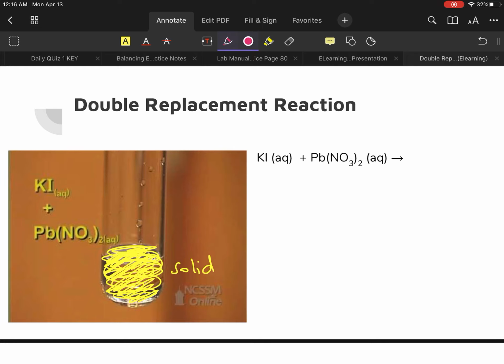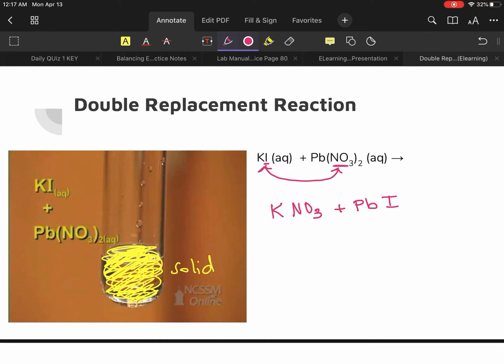So what's actually happening? Let's look at what's going to swap places in our reaction. If I take my I and my nitrate and I swap them, I'm left with my K in the same place, but now my nitrate is over here. Then I'm left with lead, Pb, and iodine.